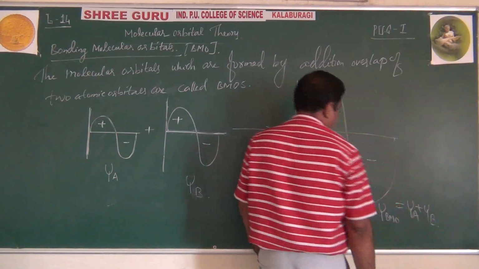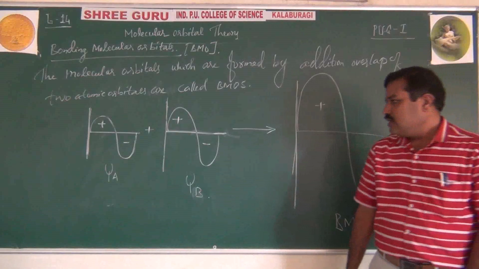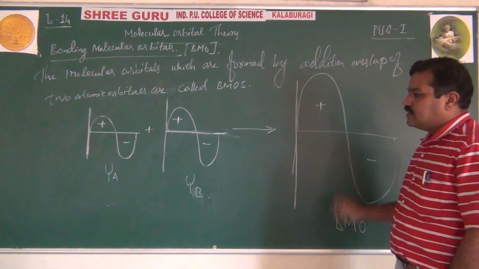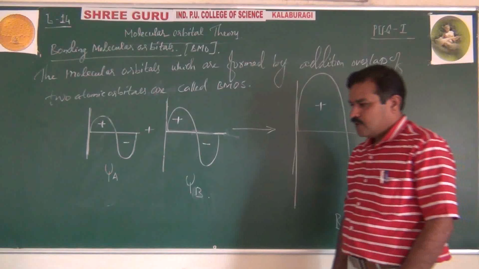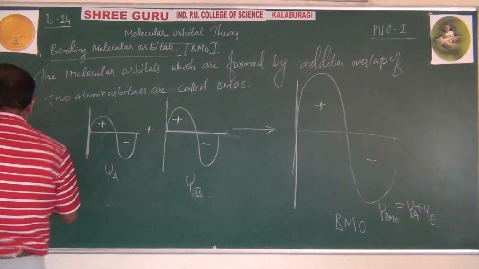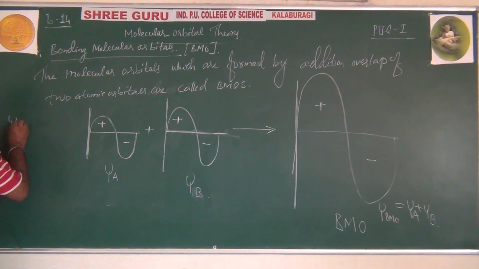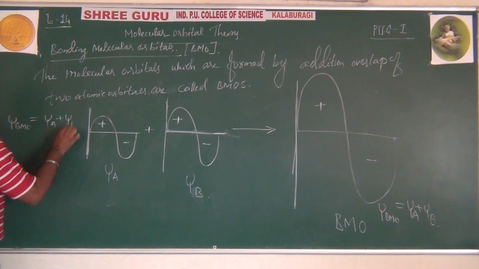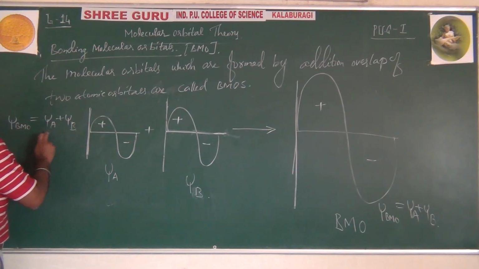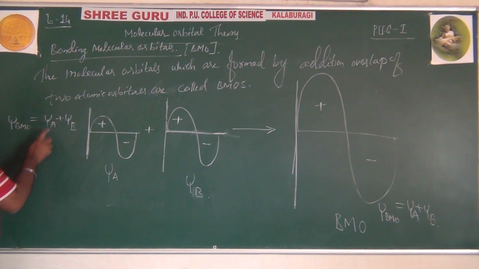So electron probability density increases. This is the wave function. Psi BMO is equal to psi A plus psi B, because it is formed by addition overlap of atomic orbital wave functions. But psi square BMO is nothing but psi A plus psi B whole square.